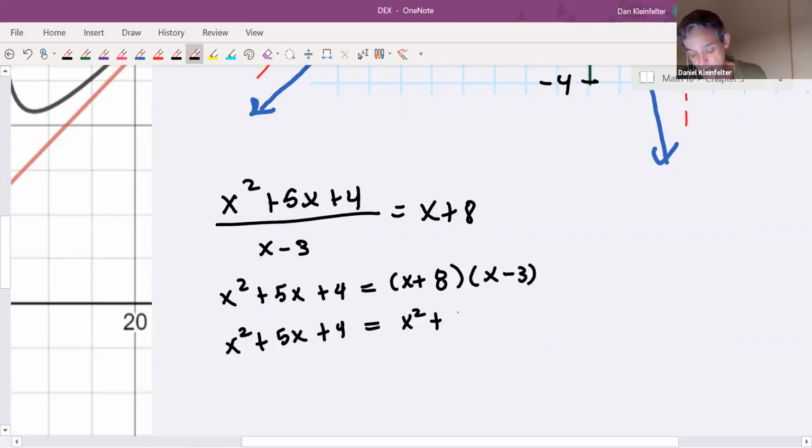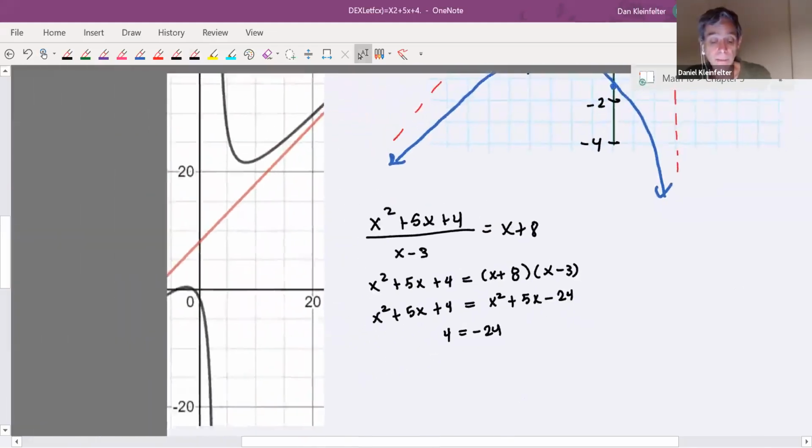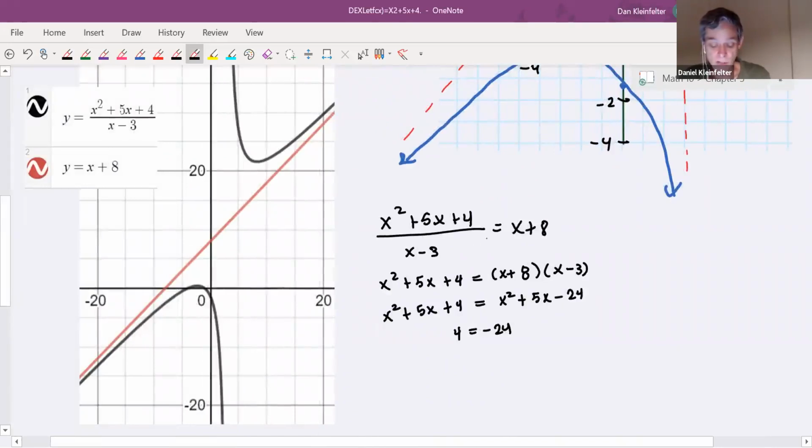That will give us x squared plus 5x minus 24. So if we subtract the x squared and 5x off of both sides, we have 4 equals -24, which is clearly false, right? So the assumption that the two were ever going to equal each other led us to something impossible. So what that implies is that the two graphs will never cross one another.